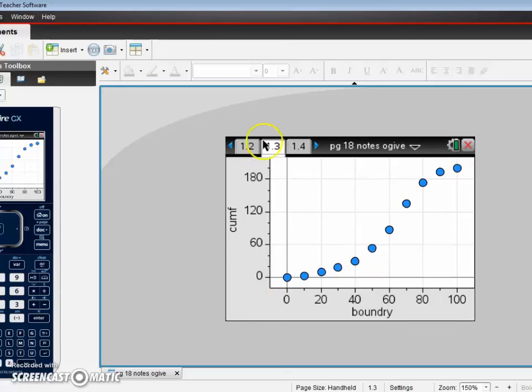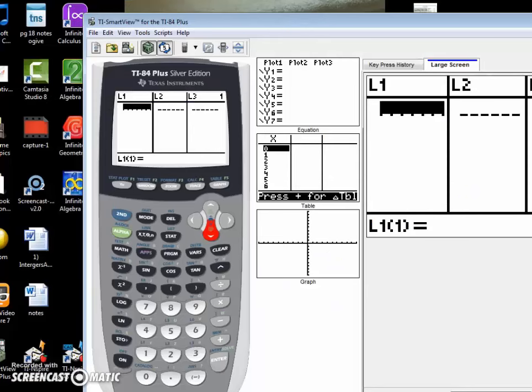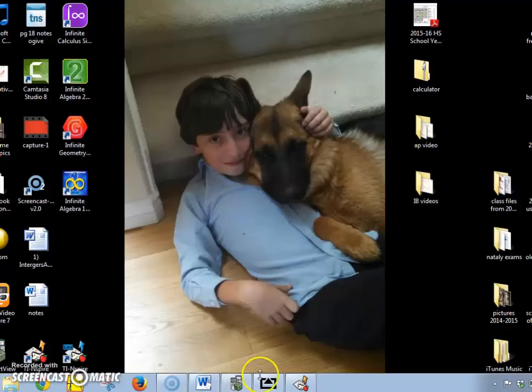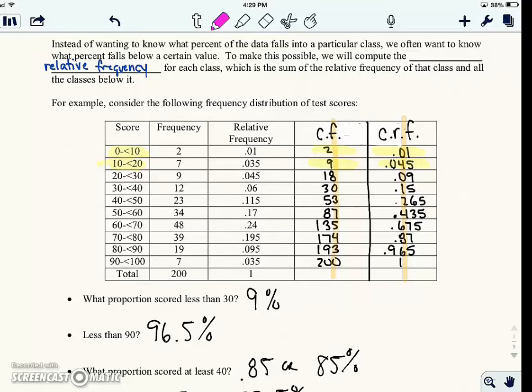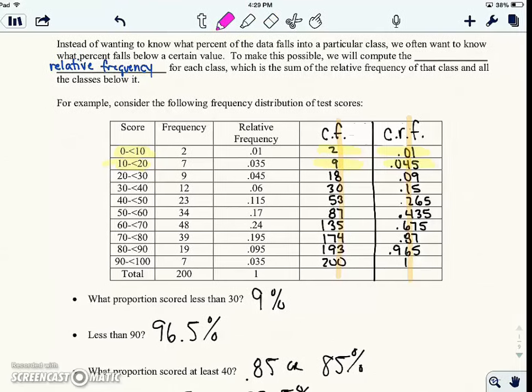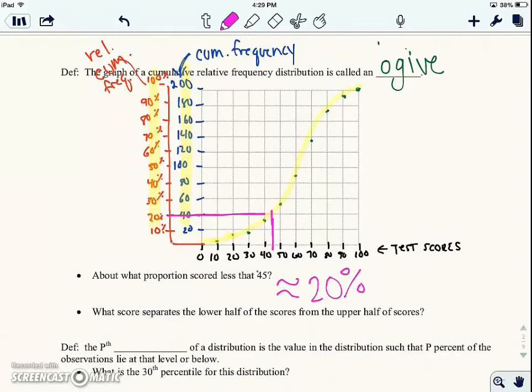And so it should always go up. People sometimes try to do this for an ogive, and it doesn't work. So I'll hide that and hide that. Let's go back to this. Okay. So there's my ogive.